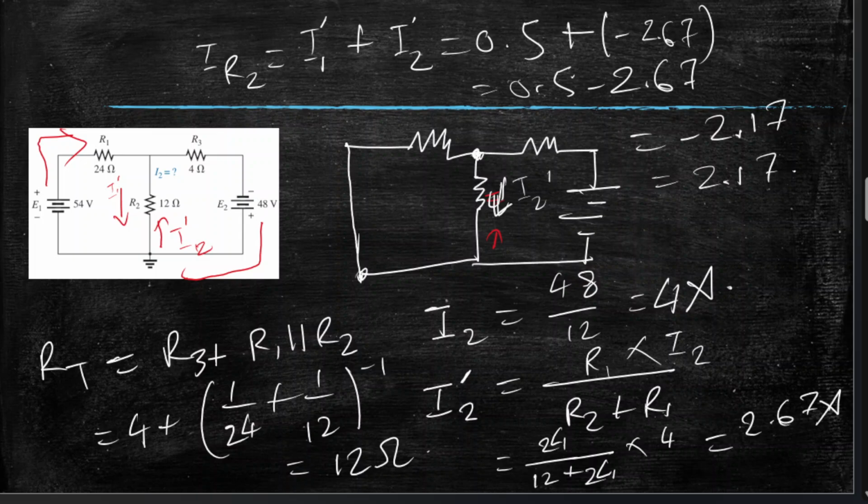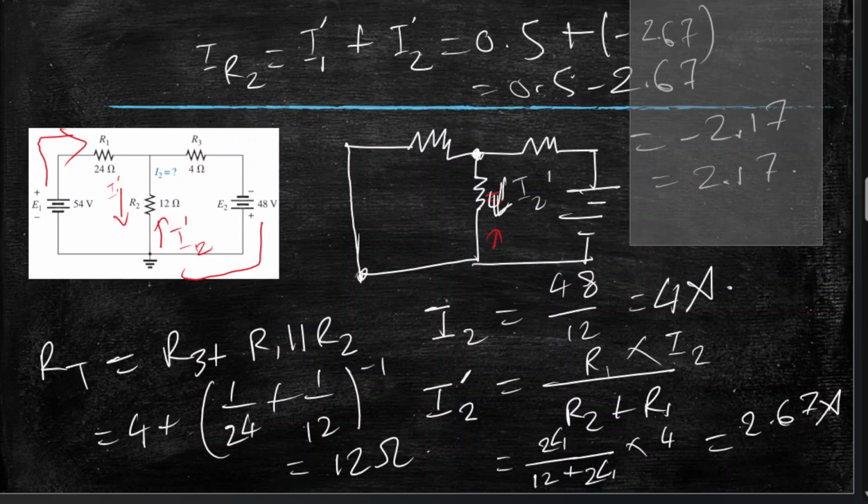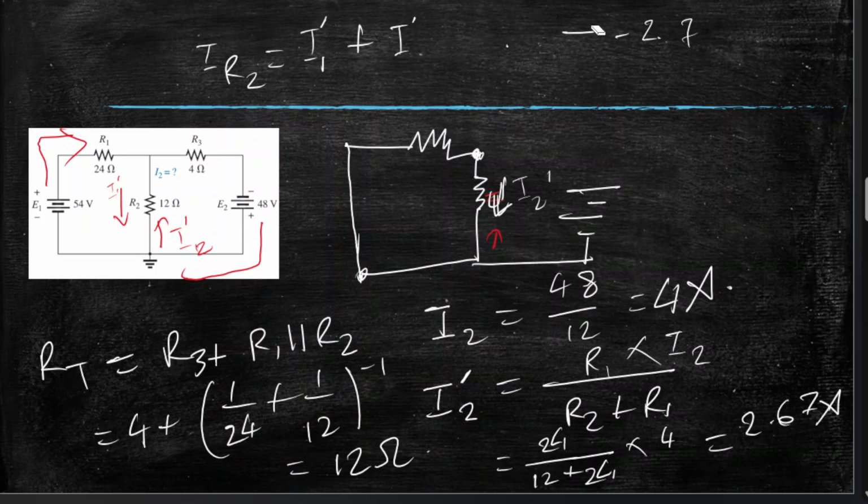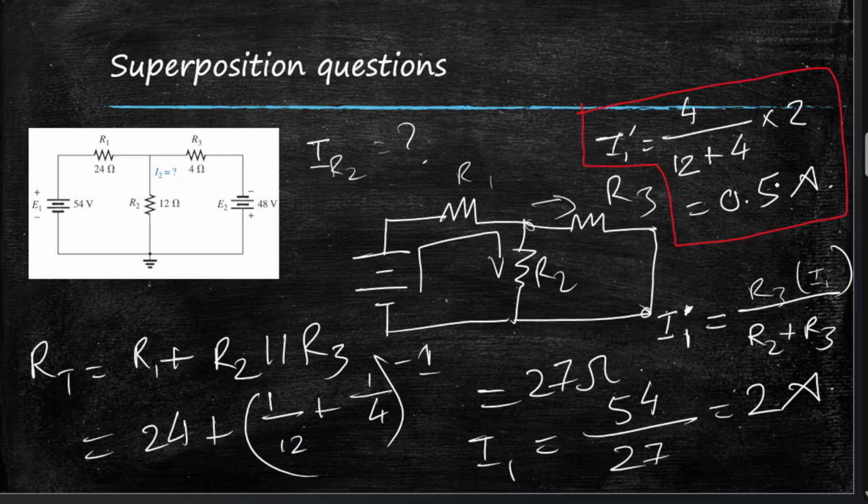Now to avoid confusion, what we can do is get rid of all of this. Where's the eraser? So get rid of this and this and this. We can consider at the beginning of the calculation, we can just put the larger value to be positive. So here we can see 2.67 is obviously larger than 0.5.